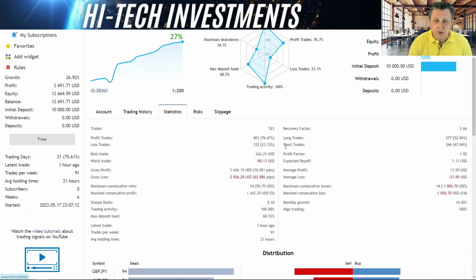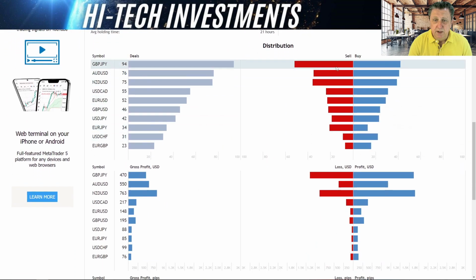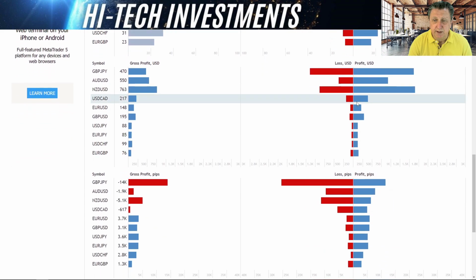If we go to statistics, again, the same details that we have up here. The distribution will basically tell you the individual symbols you have over here, buy and sell, which ones are here. We are not too interested in that. We are more interested in the profit and loss.